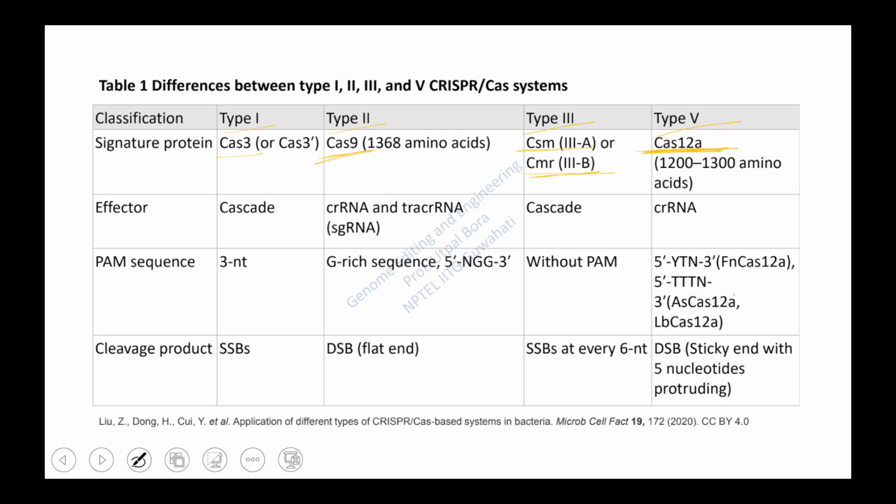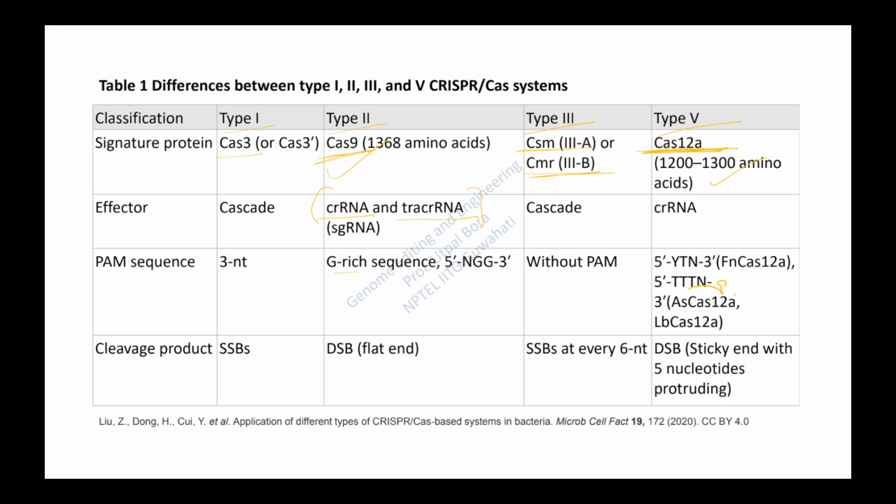Both type 2 and type 5 are extensively used in genomic study. In type 2 the effectors are the CRISPR RNA and the tracer RNA, and in type 5 you need only the CRISPR RNA as the effector.